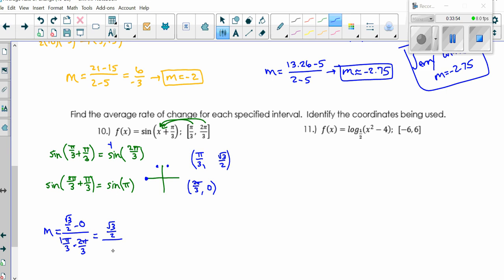So 1 minus 2 is negative pi over 3. I want to multiply by the reciprocal, which would be negative 3 over pi. Okay, nothing's going to cancel here. So that means that my rate of change is negative 3 root 3 over 2 pi.